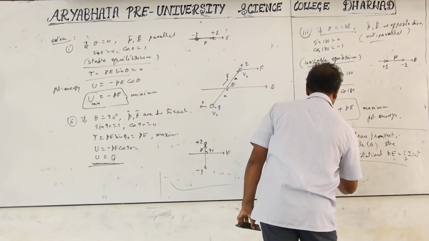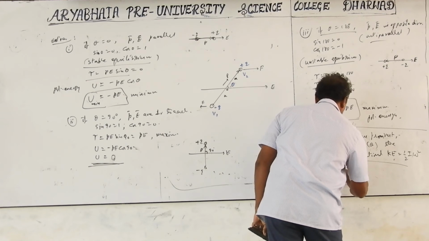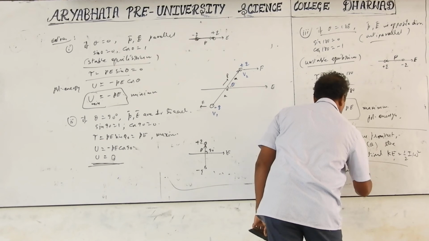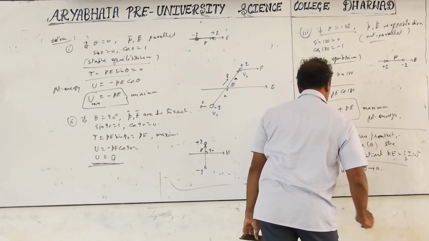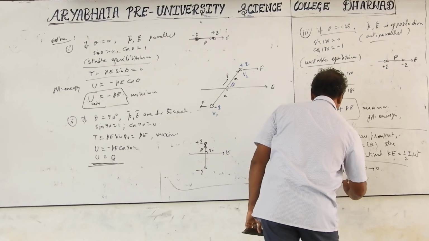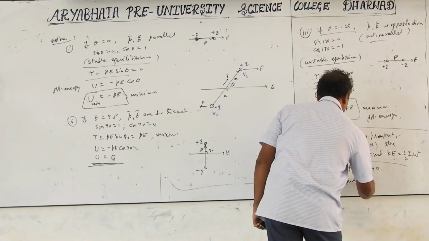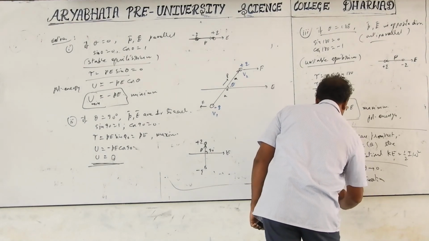I is the moment of inertia of the rotating dipole, and omega is the angular velocity.